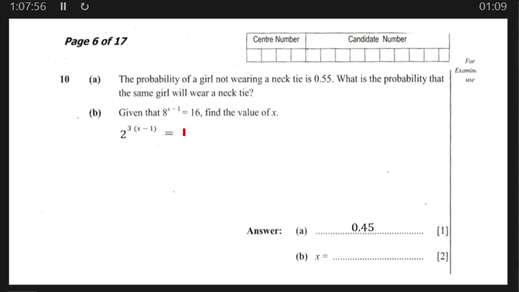Then this 16 can be written as 2 to power 4. Now the bases are equal. We forget about them. We pick the powers. So we'll say, now 3 open brackets x minus 1 close brackets is equal to 4 here. That's how we do it.